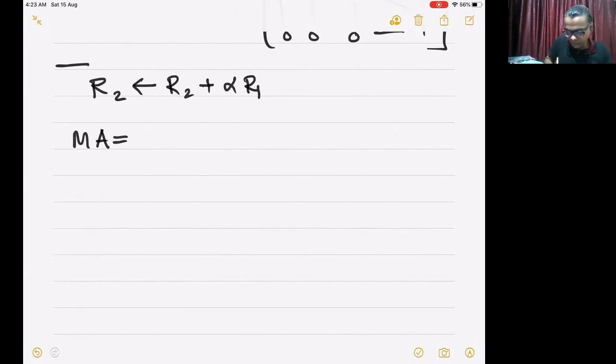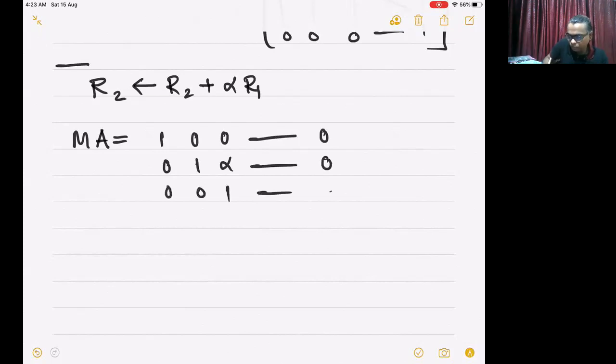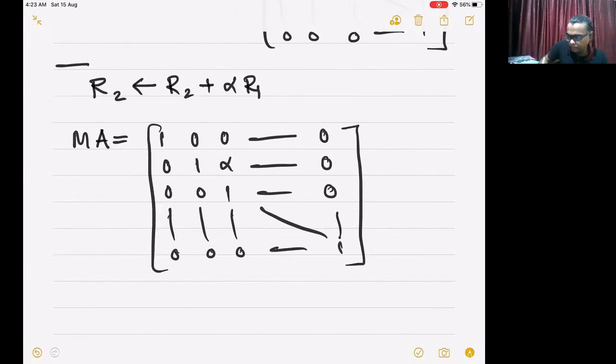So R1 remains unchanged, and therefore the first row of M will remain the same. Second row of M will be, let me write this down and then you check this. The rest of them are going to be just as they would be for an identity matrix. This is M, this multiplies A, that produces the desired result.